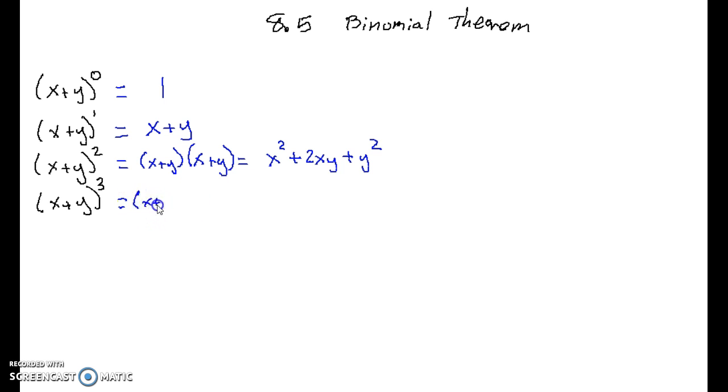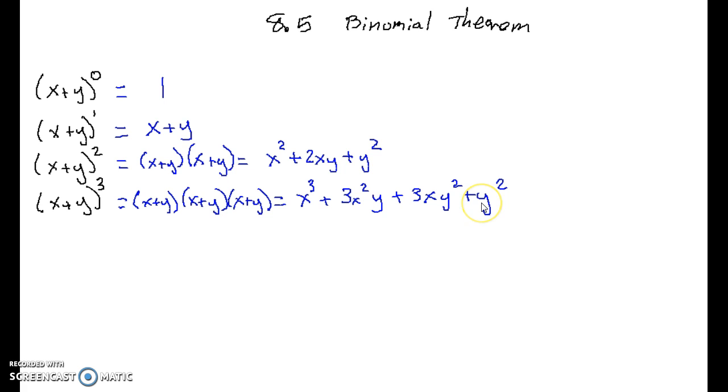And so x plus y times x plus y, which we already know is this. So all we had to do was multiply that trinomial out again, and we would have gotten x cubed plus 3x squared y plus 3xy squared plus y squared.